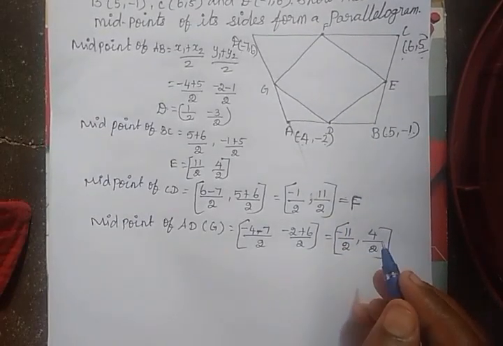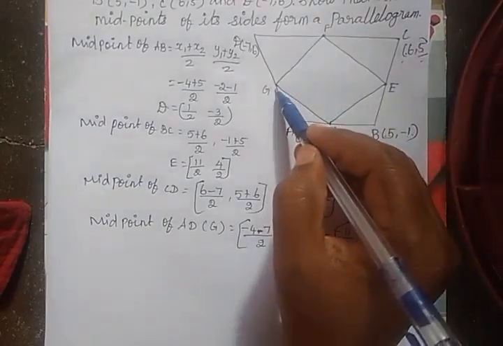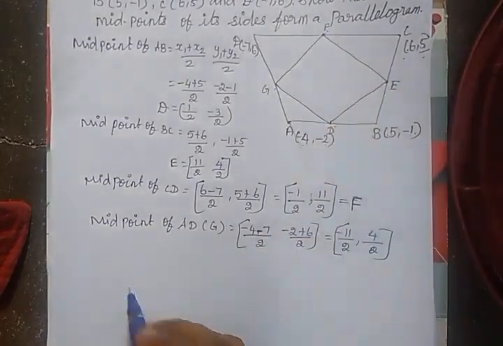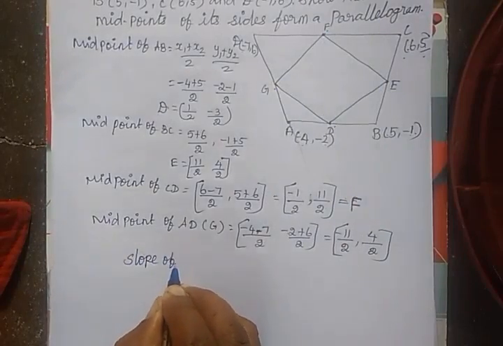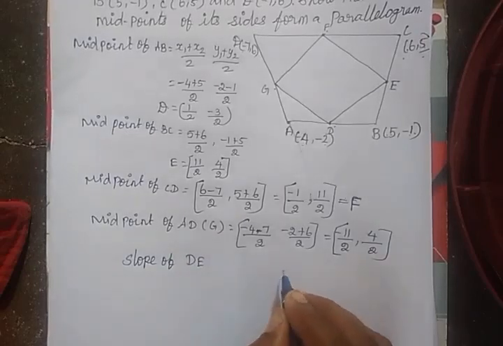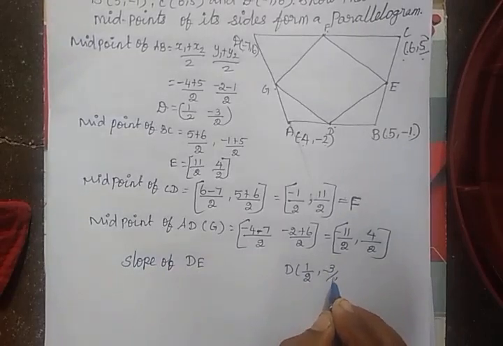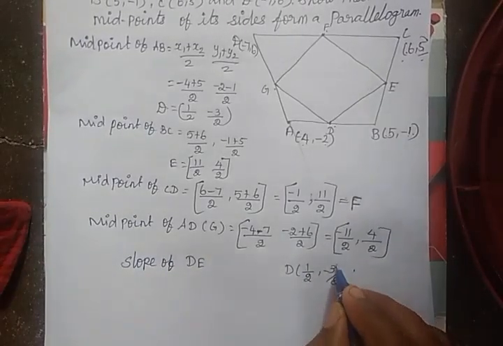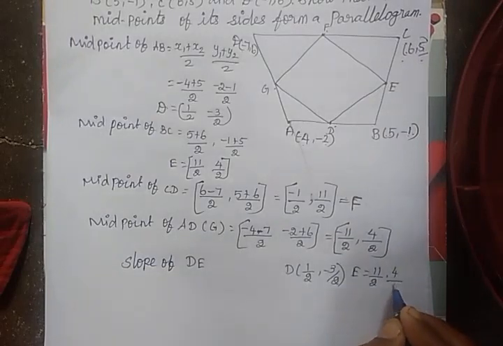So now we want to prove that the slope of DE is equal to the slope of GF. The point D is 1 by 2 and minus 3 by 2, and E is 11 by 2, 4 by 2.